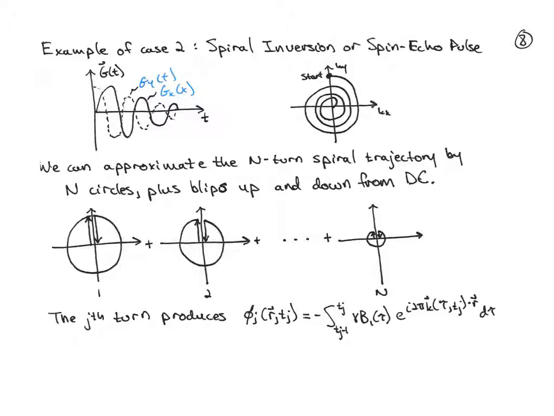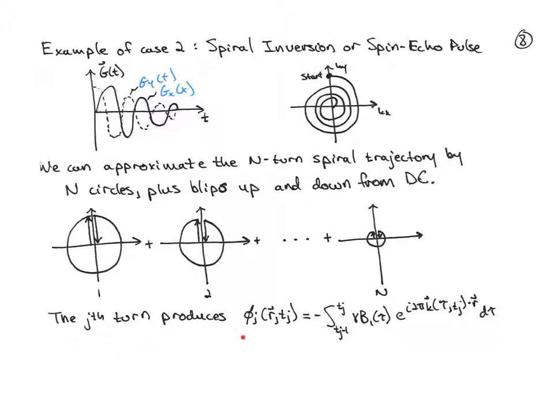So the outermost turn, for example, you could say that you started at DC, blipped up, went around and up here, and then came back down to DC. That is then added to the rotation that you obtained by going out a little bit less far, going all the way around, and then coming back to DC, all the way down to the innermost turn, where you blipped out just a little bit, went all the way around the circle, and then came back home.